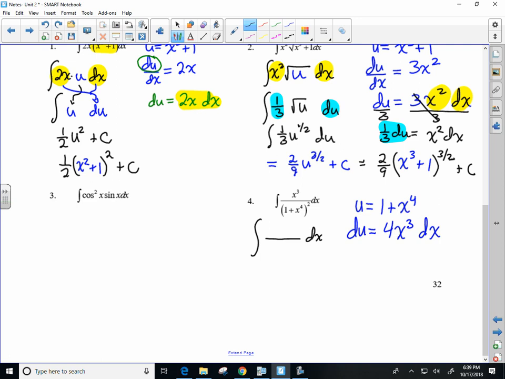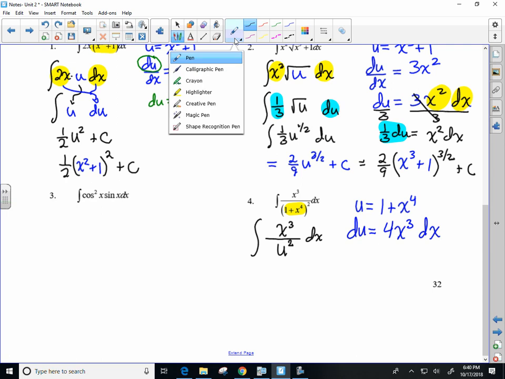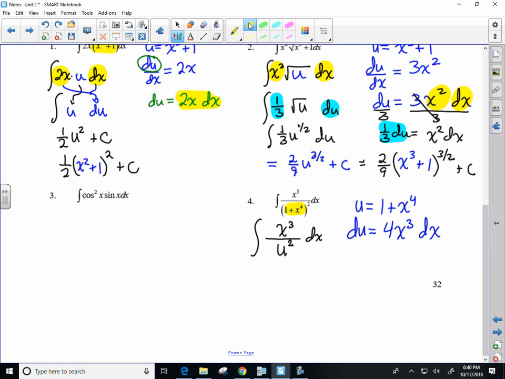So I called u this guy, and that guy is raised to the 2nd power. I also have an x cubed there. All right, so ignoring the u's now, because I've already done my u substitution. Inventory, this is what I need.